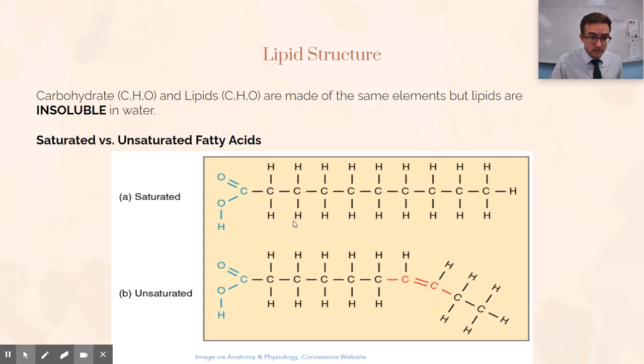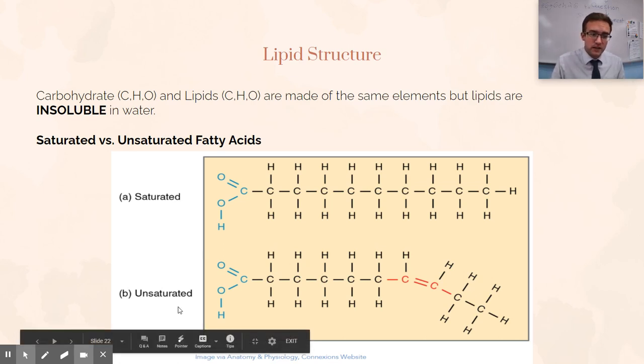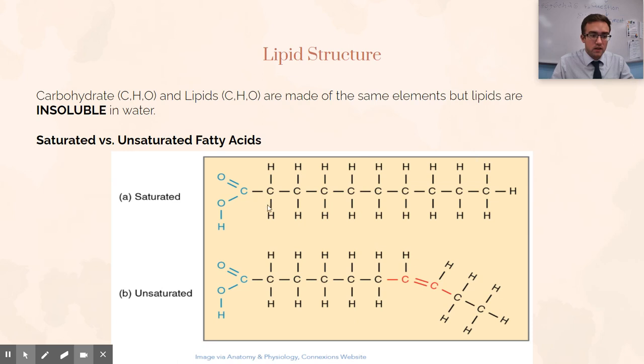This is what typical lipids look like, all right? We have two different kinds, saturated versus unsaturated fatty acids. So this is what a fatty acid looks like. Long chains of carbon just attached to hydrogen. Saturated fatty acids look just like this, super long chains, and it's saturated, meaning it's filled with hydrogen.